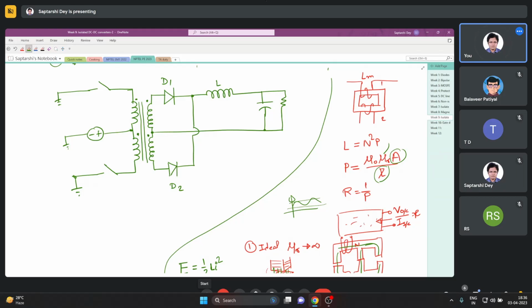Reset winding of push-pull has not been discussed in lecture anywhere, because it is not required at all. But can you explain why we do not need a reset winding in a push-pull converter?